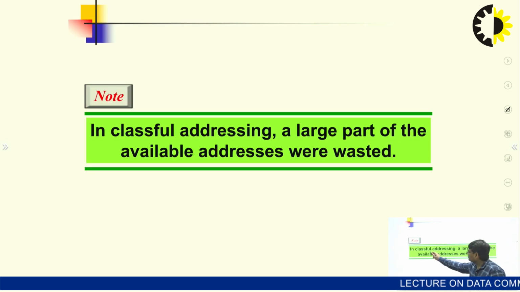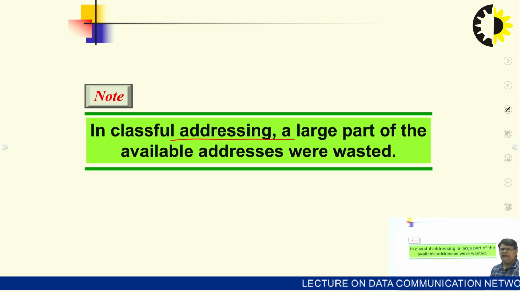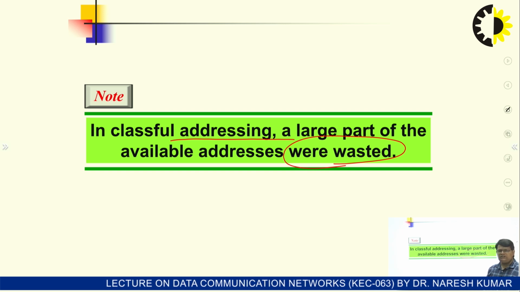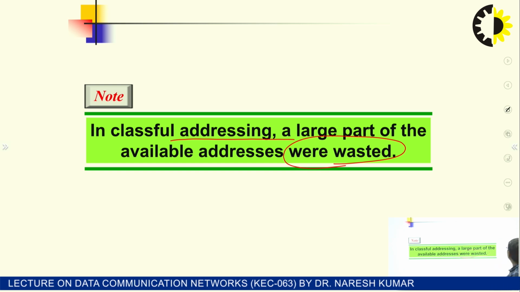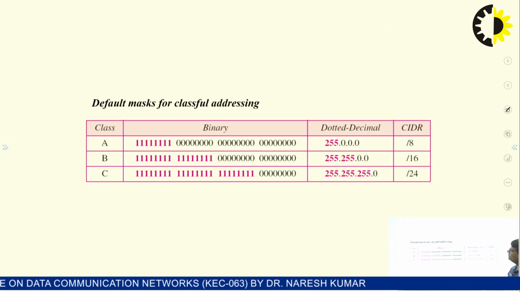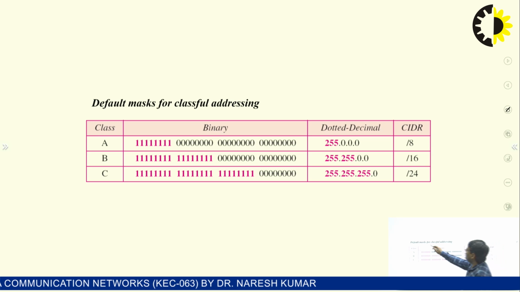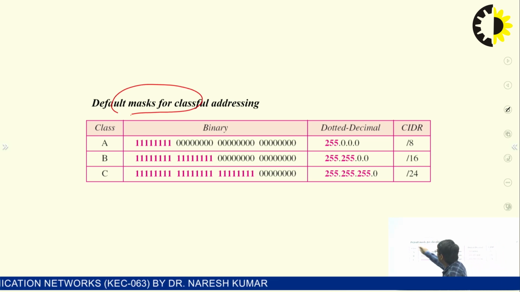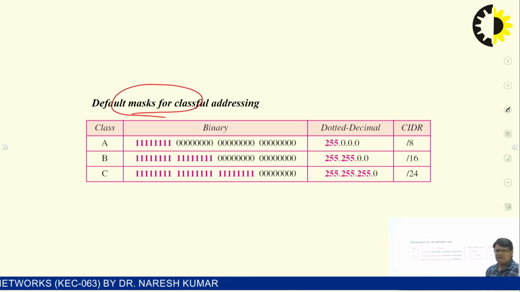By classful addressing, we can see that a large number of addresses get wasted, so this should be avoided. Nowadays we have moved from classful addresses to classless addresses. Along with the IP address, we also use the mask, also known as the default mask.